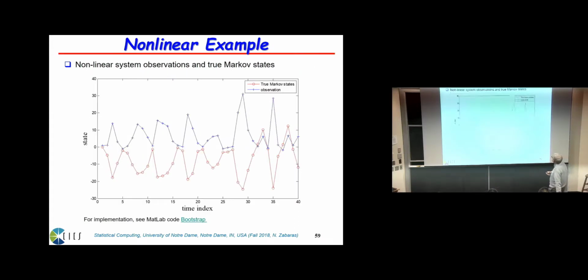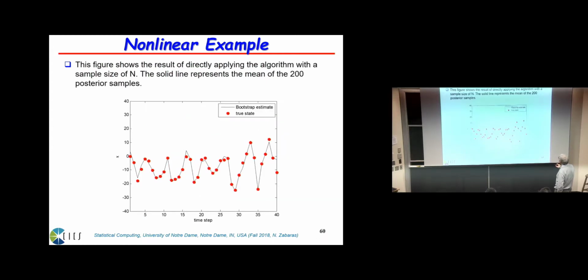So let's see how the results look. These are the observations, the blue crosses. So these are the y's that I'm giving you. These are the true Markov states, okay? And this is what you get if you try to do this bootstrap suboptimal filter.